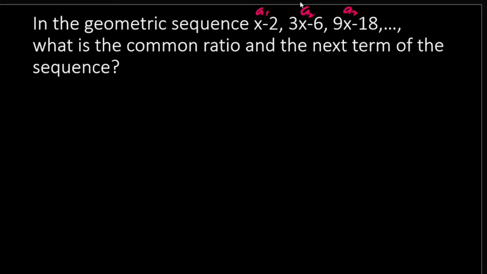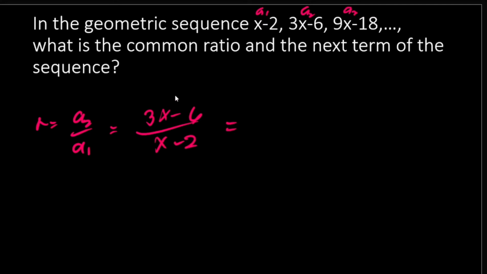So 3 terms are given. To solve for r, a sub 2 over a sub 1. So we take the second term divided by the preceding term, which is a sub 1. So plugging in the values, we have 3x minus 6 over x minus 2.